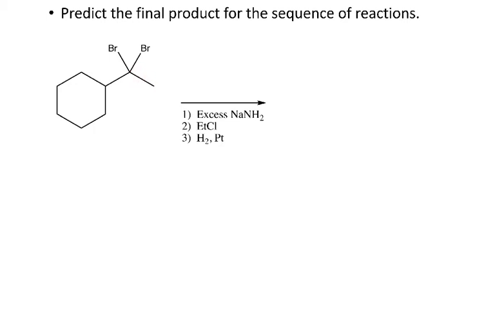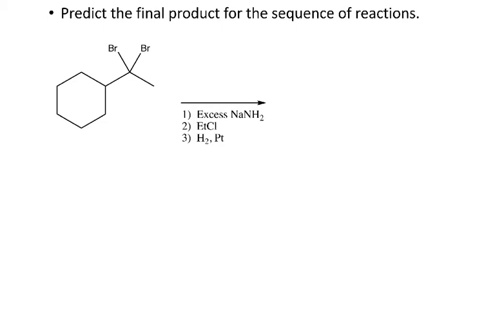But because we're not then reacting it with water, we're not going to protonate that alkanide ion, which is going to leave it as a good nucleophile. And so then when I react it with the alkyl halide, I'm going to add an ethyl group onto the end of that alkyne. And then when I hit it with H2 and a platinum catalyst, that will reduce my triple bond and take me back to an alkane.